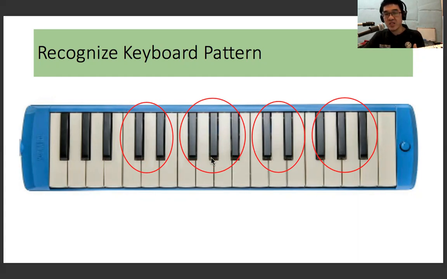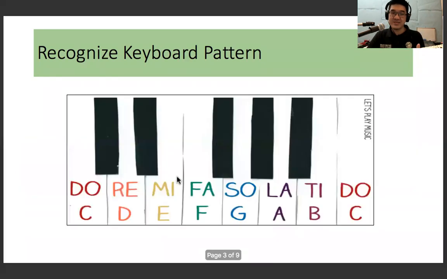Why do we need to know this pattern? Because the first three notes that we are going to play are around these two black keys. Let's move forward. We are going to focus on these three notes here, which are around the two black keys.